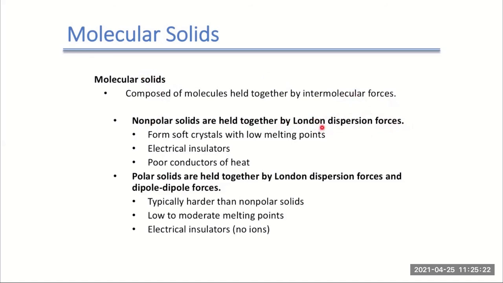Or think of the butter you have, which stays a solid because it has a lot of London dispersion force, versus your olive oil, which has a lot less London dispersion force. That's why it's a liquid. Our nonpolar solids tend to be soft crystals, with low melting points compared to the ionic ones. They do not conduct electricity and they do not conduct heat.